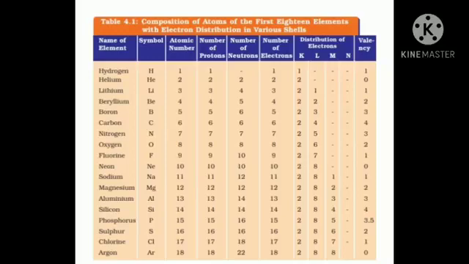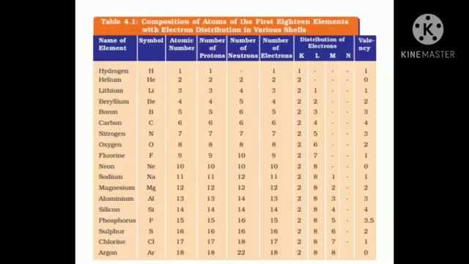So, you should subtract from 8. That is 8 minus 5 is equal to 3. Maximum number of electrons in the shell is 8. So, 8 minus 5 is equal to 3. 3 is the valency.